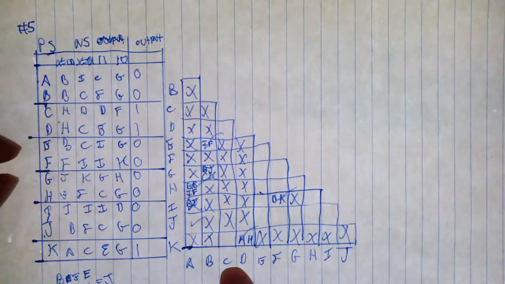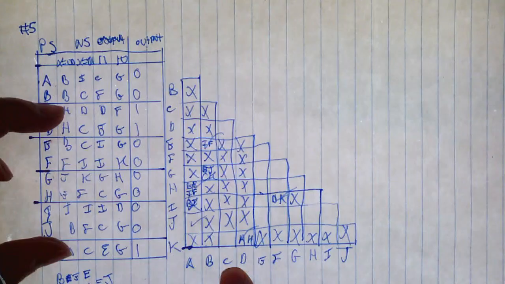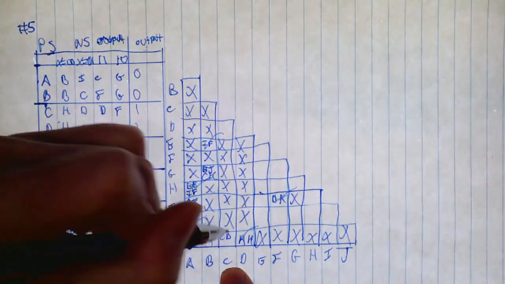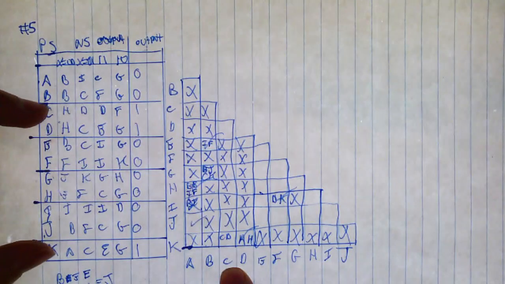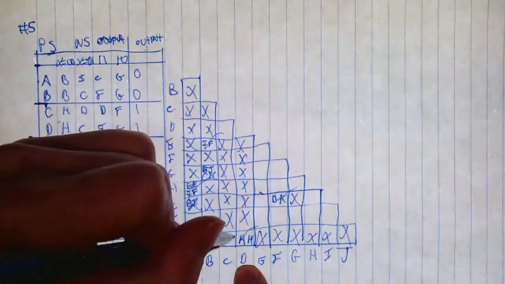Let's see. C and K depends on A and H, which is good. C and D, we don't know about that. C and K depends on C and D. D and E. No, D and E are no good.